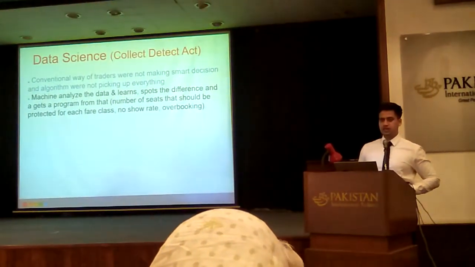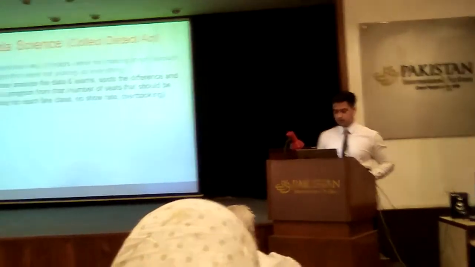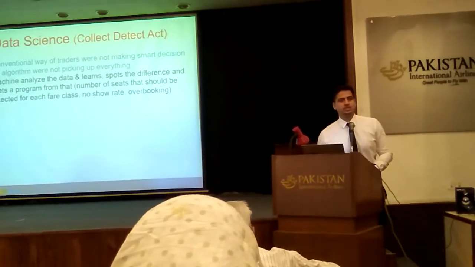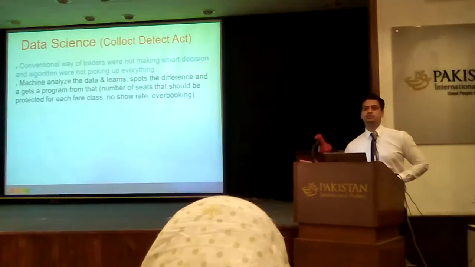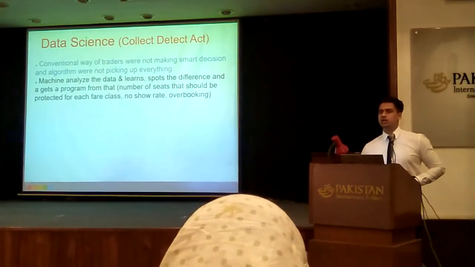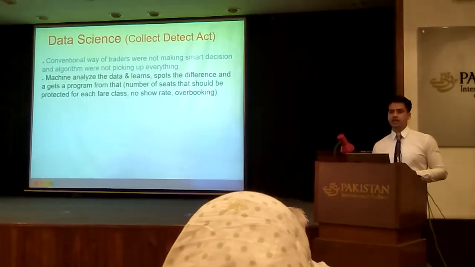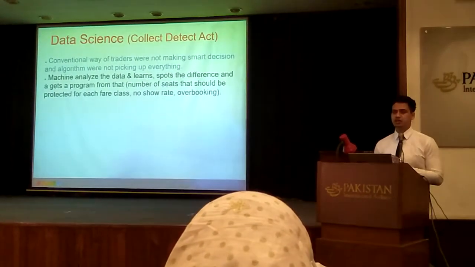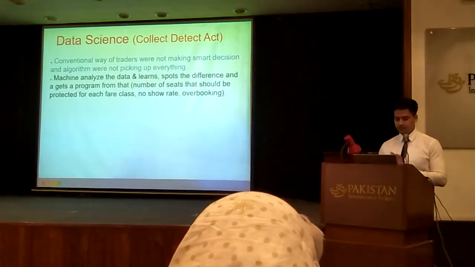The conventional way was not making much more accurate decisions. They were coming up with algorithms, they were coming up with assumptions. And they were not picking up every small detail or every passenger's behavior in that conventional way.